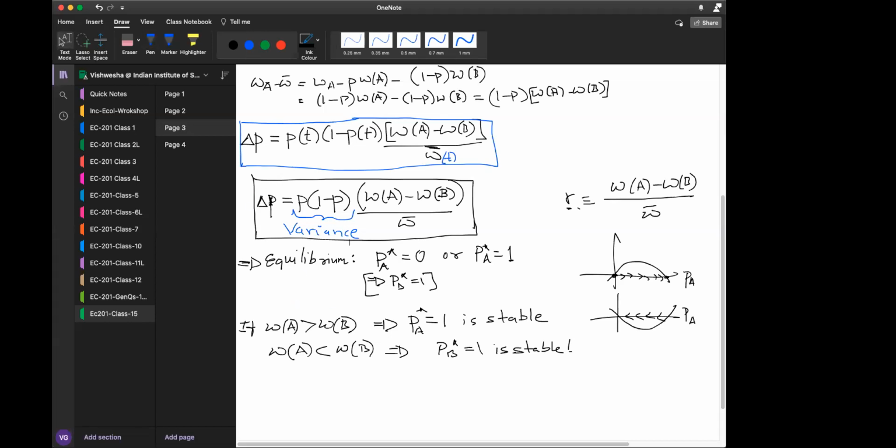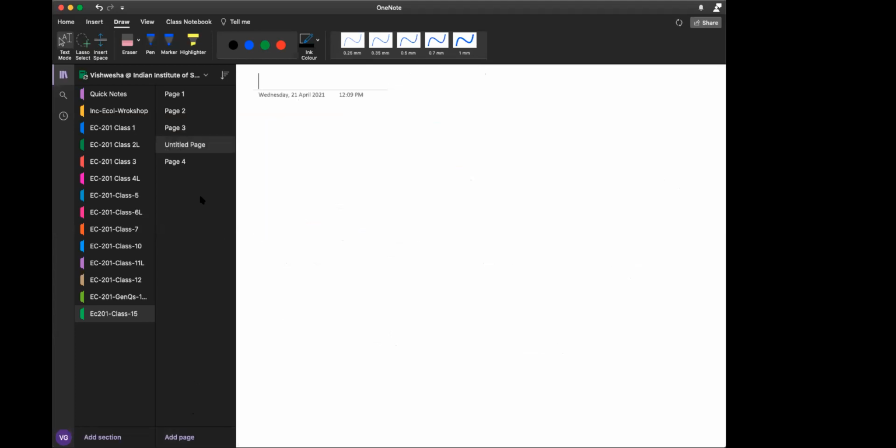So let me go to maybe the last slide again. Write this. So delta P is equal to P into 1 minus P into omega A by omega bar, right?